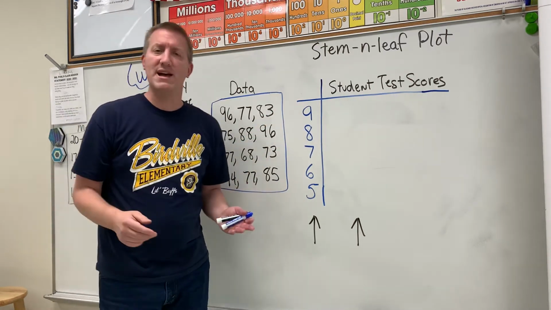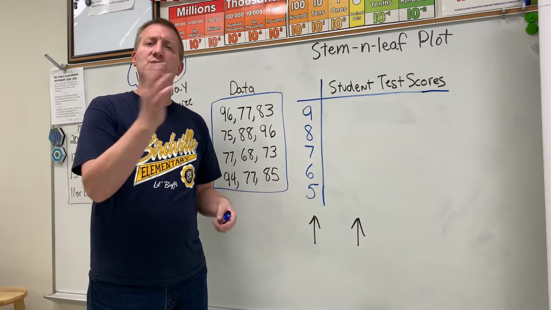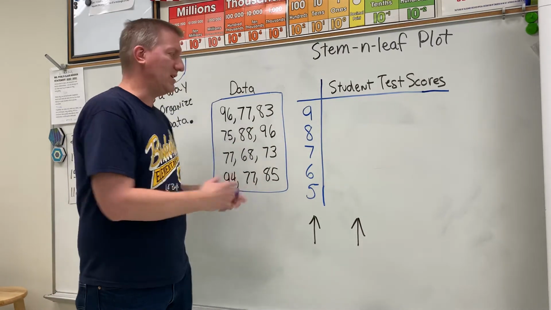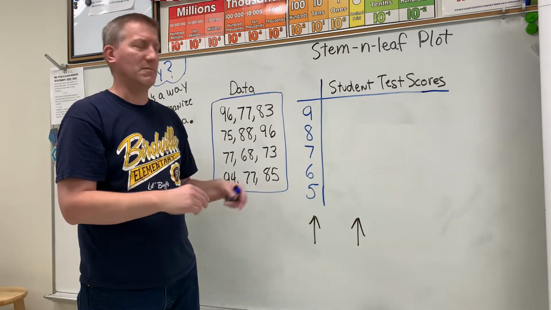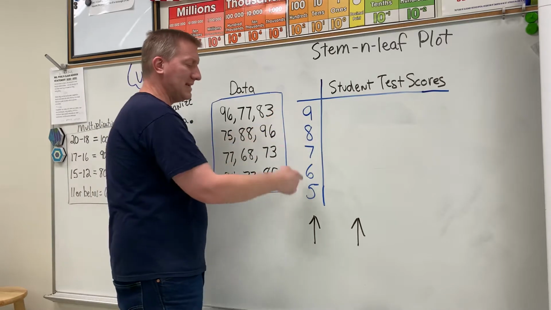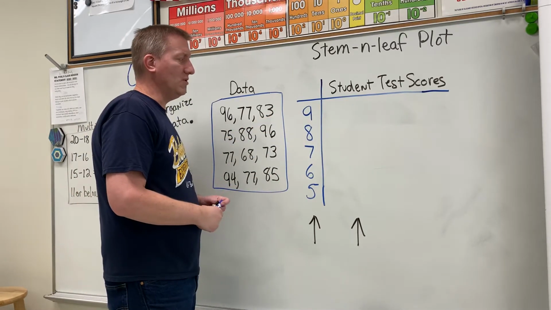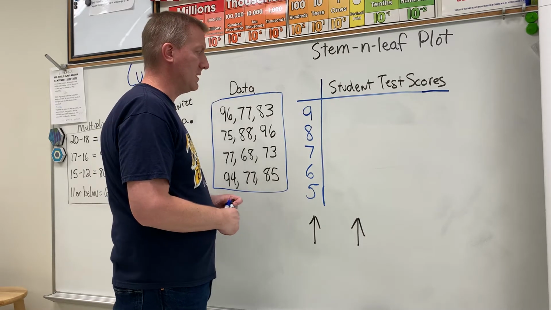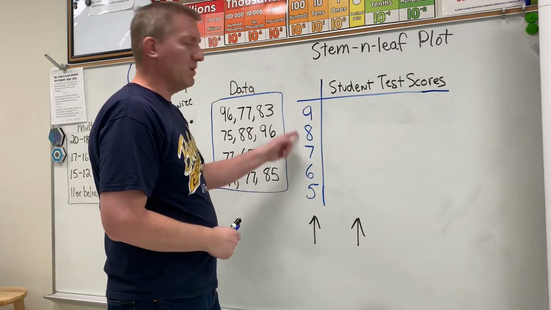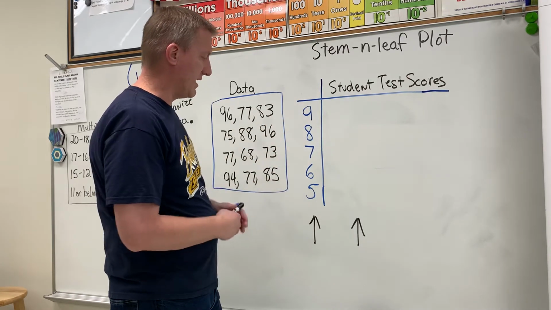It's totally fine, but be consistent. Whatever you do, do that all the time. Don't change it up one time from least to greatest and the next time greatest to least. I like to do mine greatest to least, so it depends how you want to set that up.